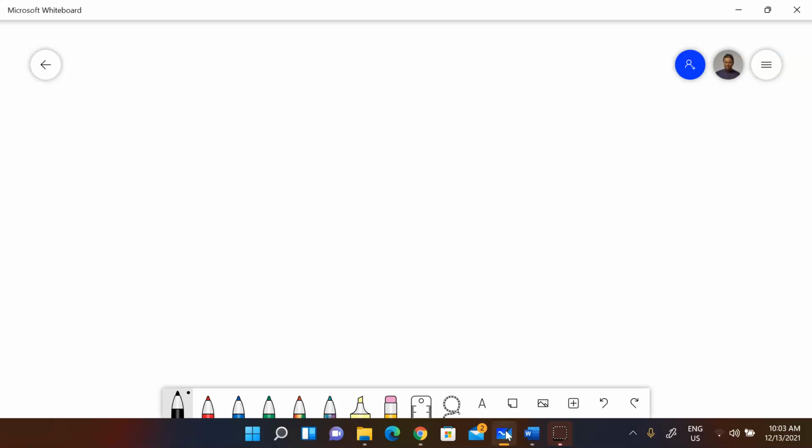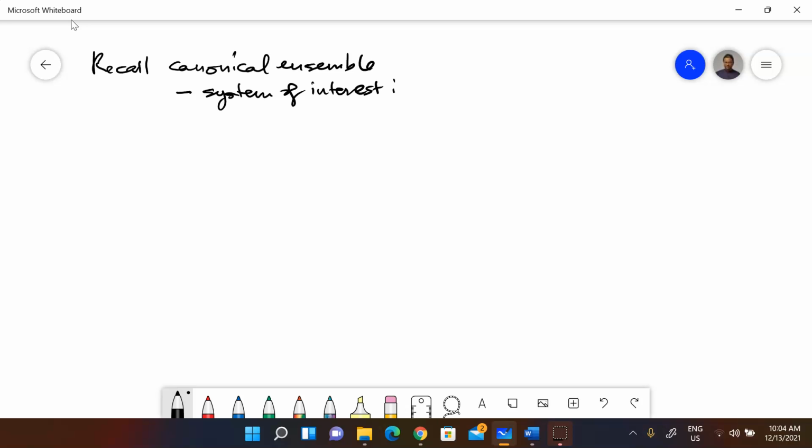So let us recall what we did. Essentially we went into the chapter of the Canonical Ensemble. So one considers, for example, a system of interest interacting with a heat bath.